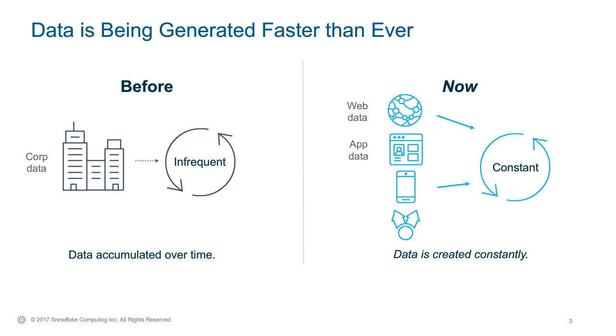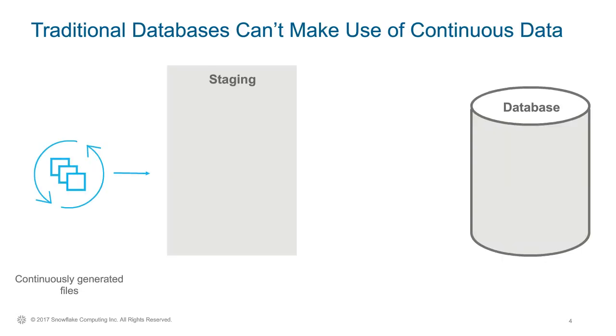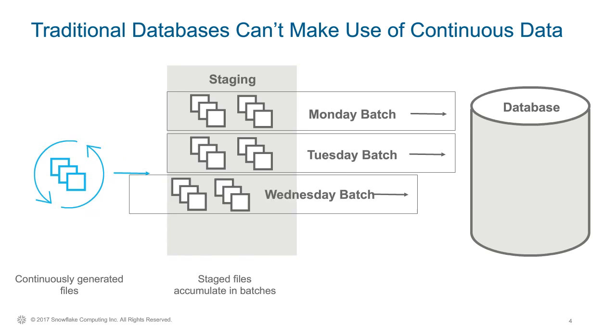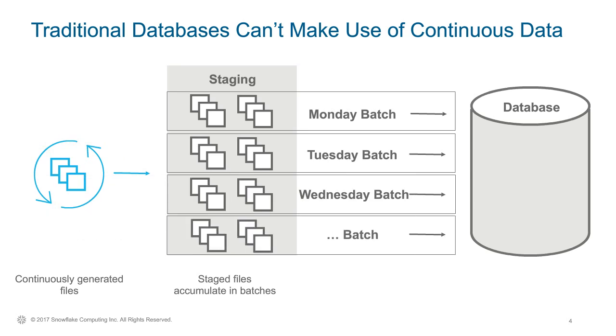Now, the traditional way of loading data into a data warehouse looked a little bit like this. You'd have data that's being generated continuously, and you'd load it into a staging environment like S3, and then you'd batch load that maybe on a daily or hourly basis into your database, whether that's Snowflake or anything else.